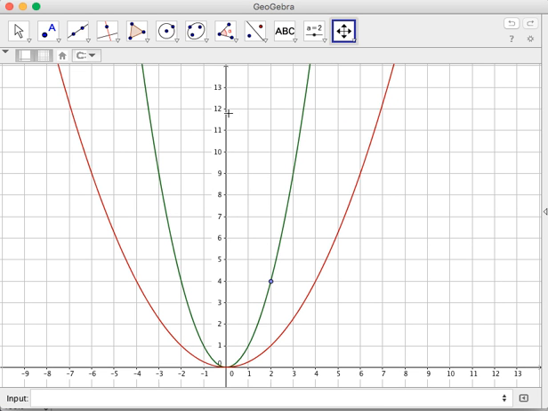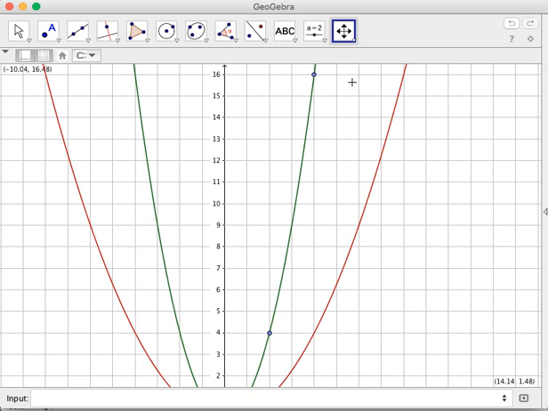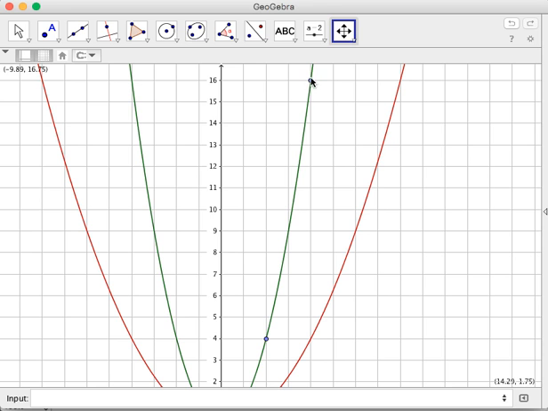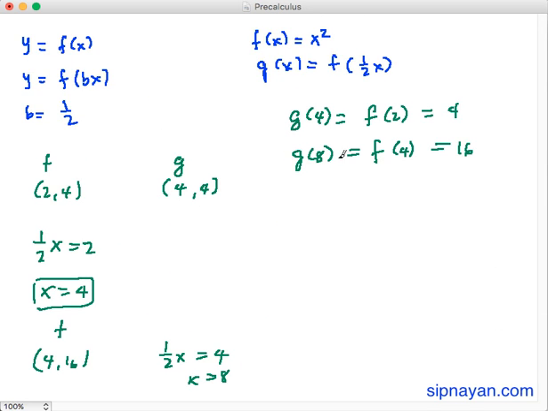Pareho yung y value sa 16, pero ang x value dun sa g ay 8. Kung tignan mo to sa baba, 8. Tapos yung x value ng f ay 4. Kaya yun yung g of 8 at saka f of 4.